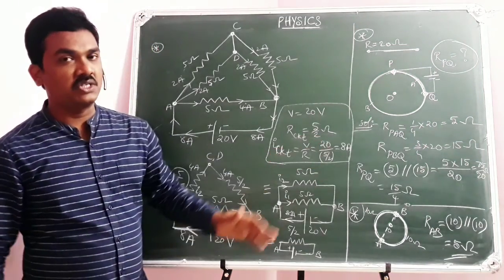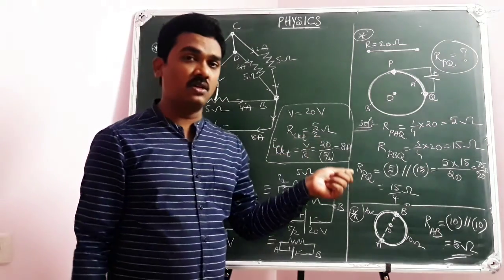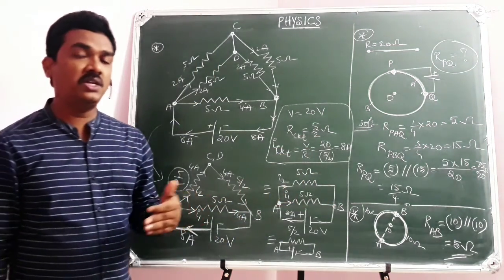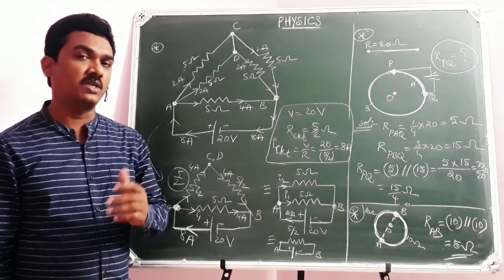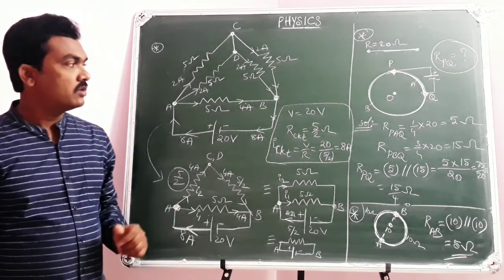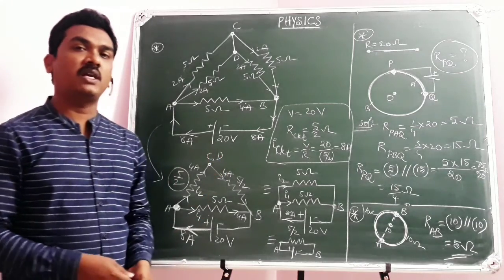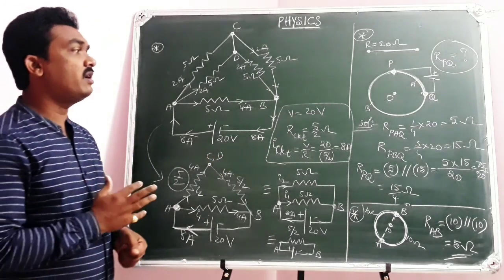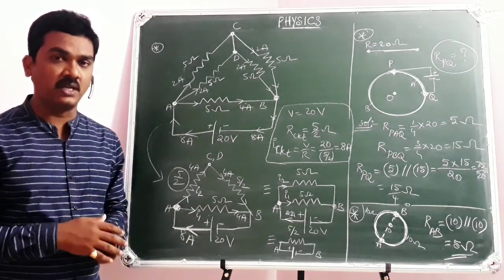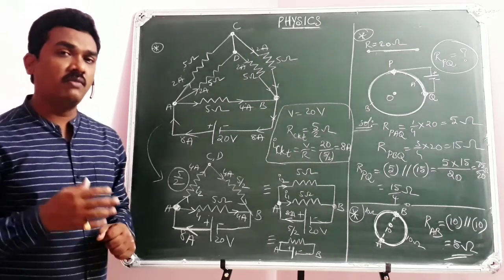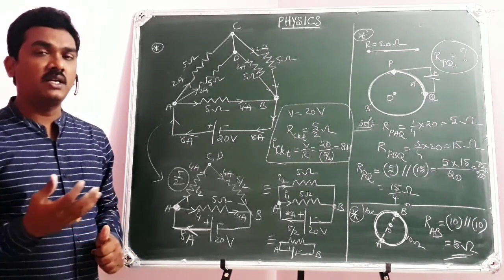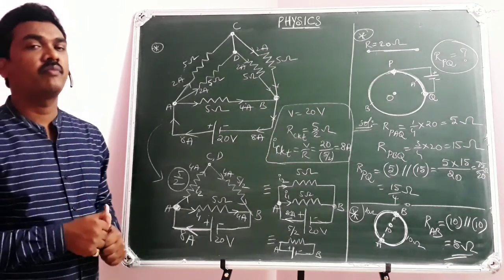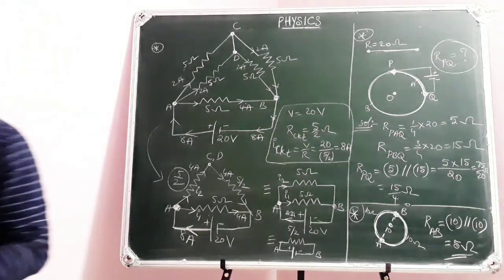Here is another application, where we have used the concept of variation of resistance with length, R proportional to L under the same conditions, of course. So here there is a little more explanation on the concepts of equivalent resistance and the related application part, and I hope you try the other questions in the worksheet at your level best, so that you will get a little more perfection in this area.